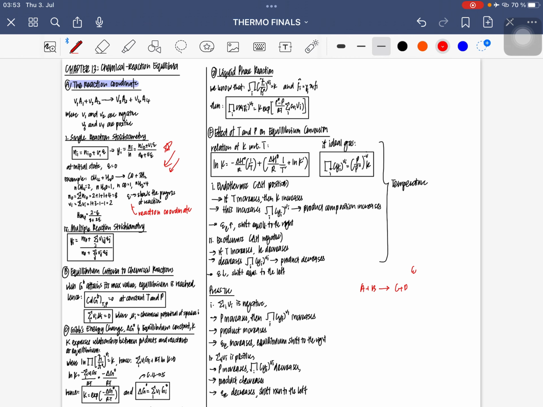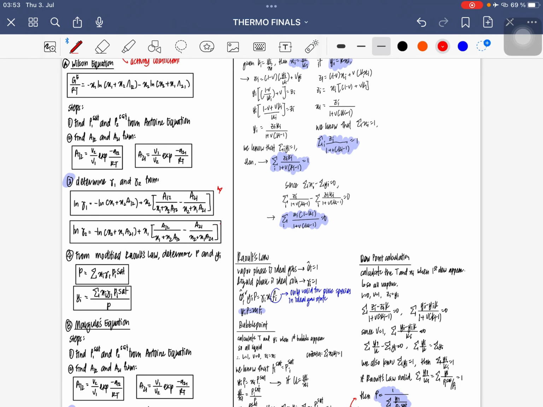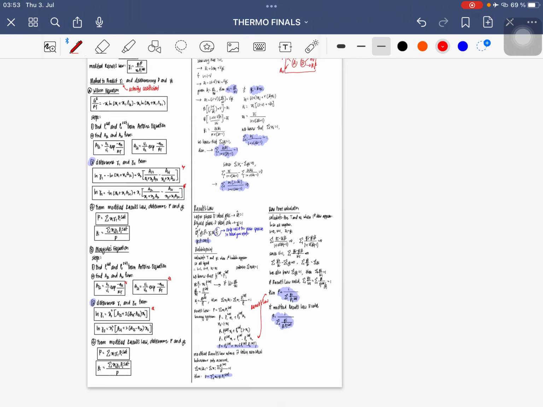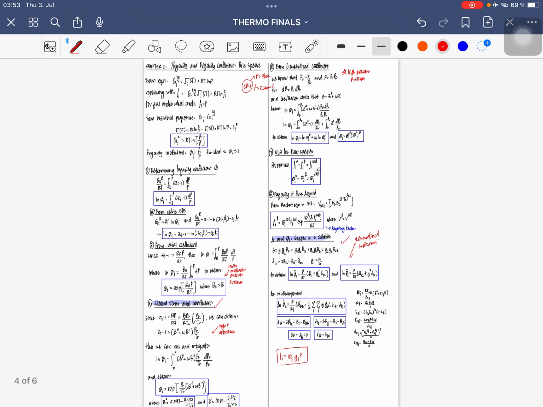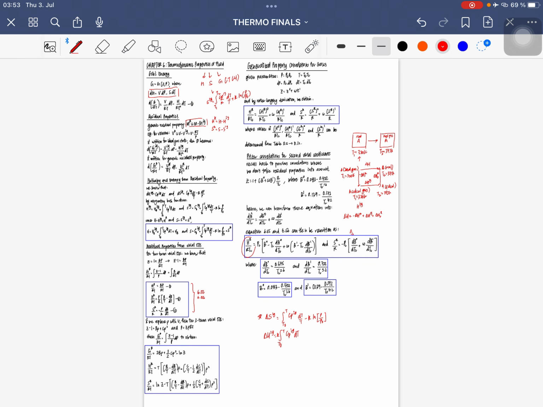Sometimes they'll ask you the effects of temperature and pressure on equilibrium conversion, or is it constant? This is important. Just remember to mark it in your textbooks. Yeah, this is important and this is important. This is important and this.